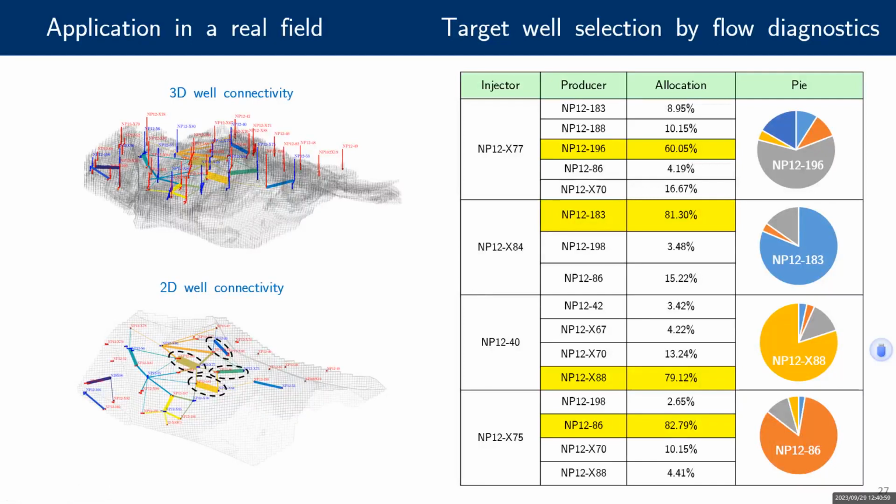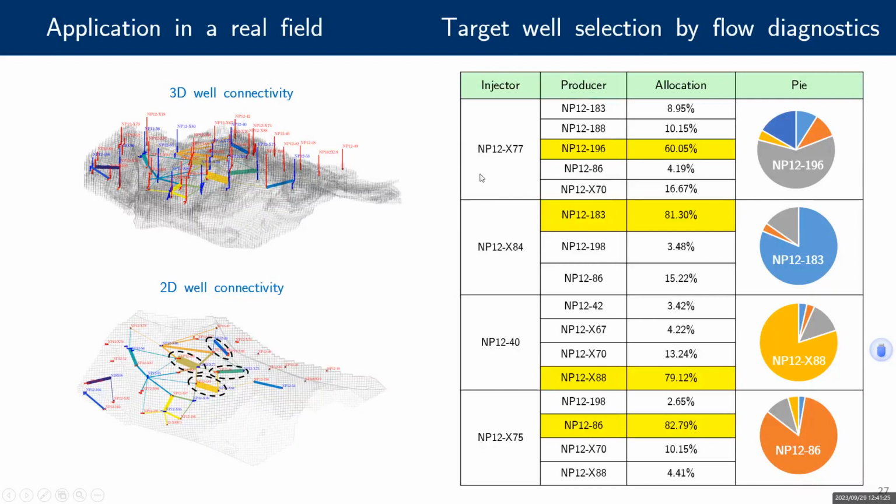This is a real field application. We applied this in China's Jiang oil field. First, we import the Eclipse data of this reservoir. Then we calculate the well connectivity by flow diagnostics. There are 4 well groups in this reservoir.